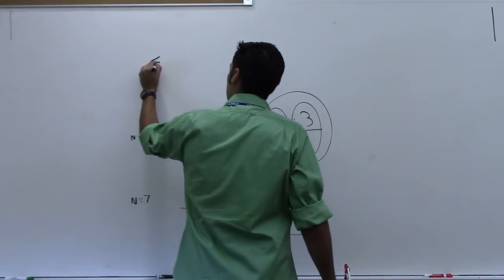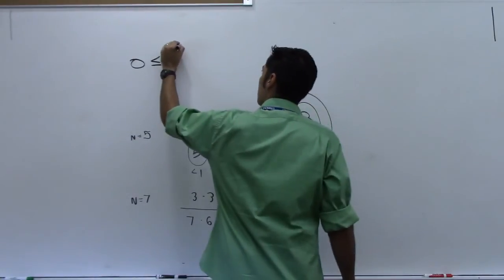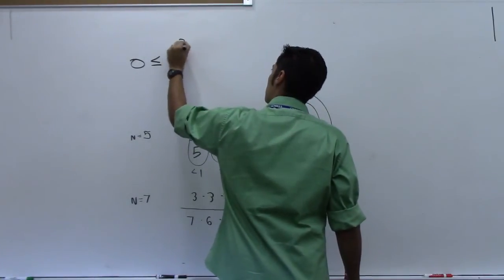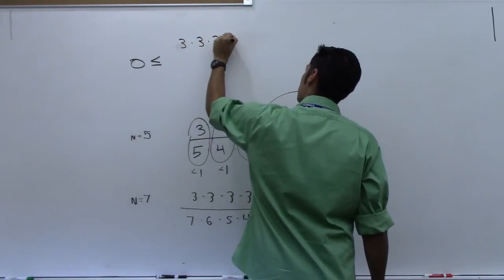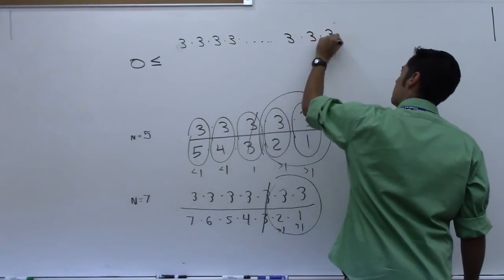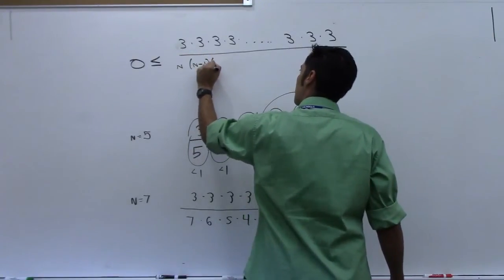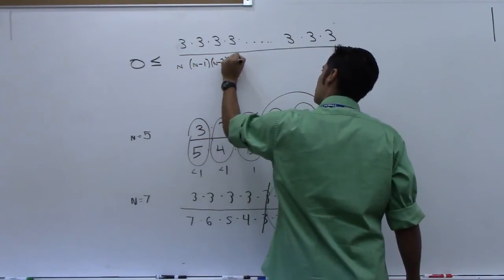Do you agree that 0 is less than or equal to 3 times 3 times 3 times 3 times ... And then I'll have 3 times 3 times 3 at the end. And then n times n minus 1 times n minus 2 times n minus 3.